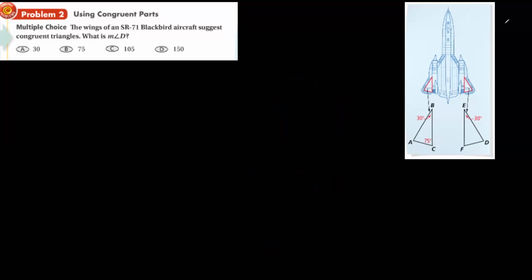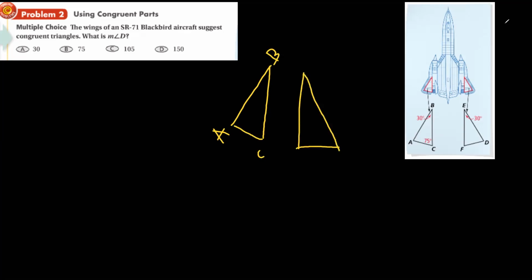Look at this aircraft. Here we have two triangles, and he told me that the triangle ABC is congruent to the triangle EFD.